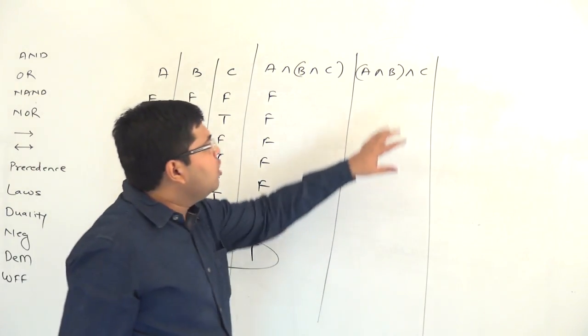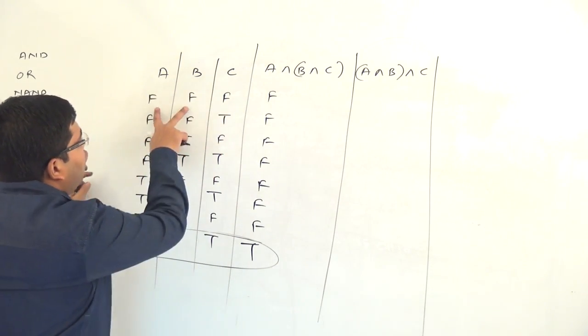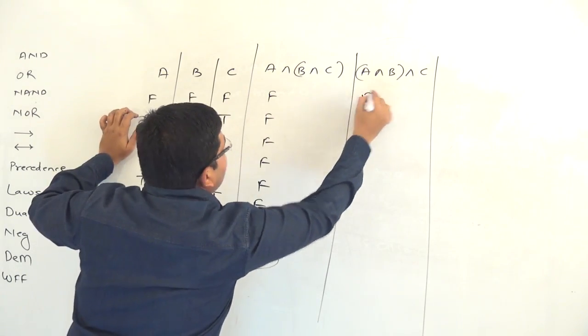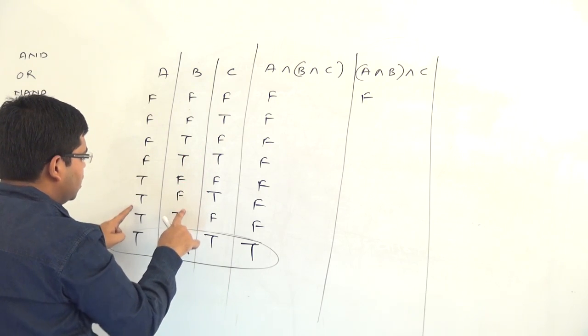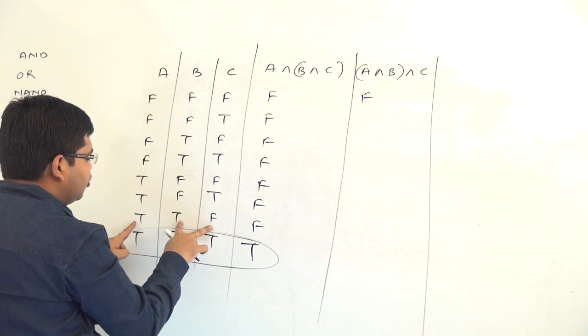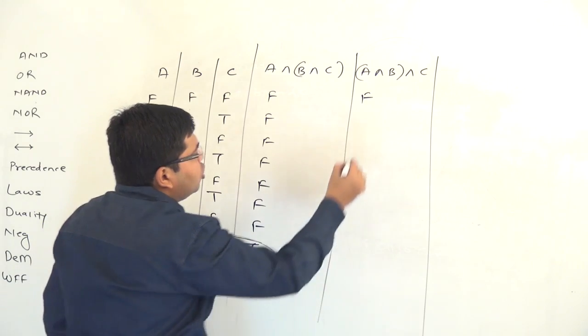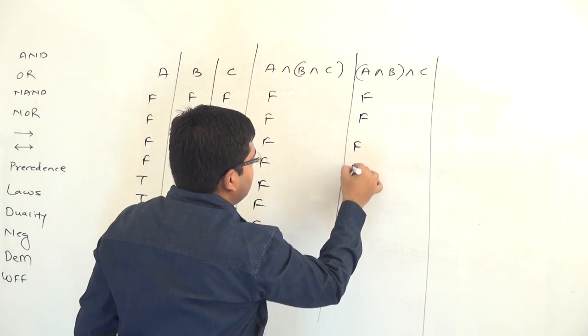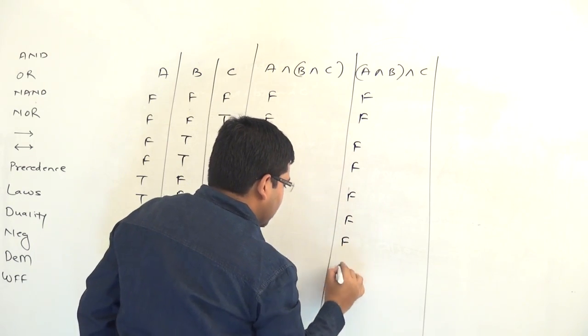Similarly, now here we will AND AB first, and then we will AND the result with C. So false, false will be false, false, false, false, false, false. Here the result is true, but this is false, so true, false will become false. Here true and true will be true. So everywhere you are going to get false except the last row.